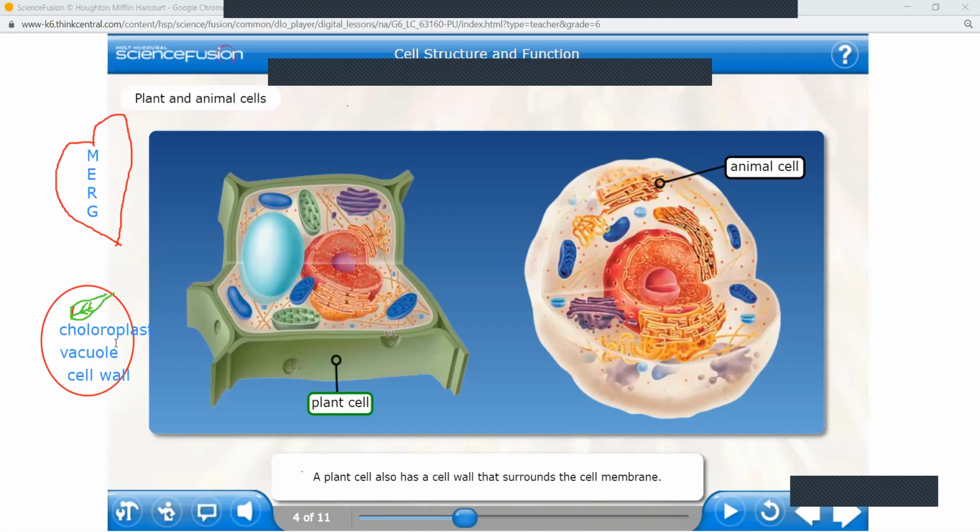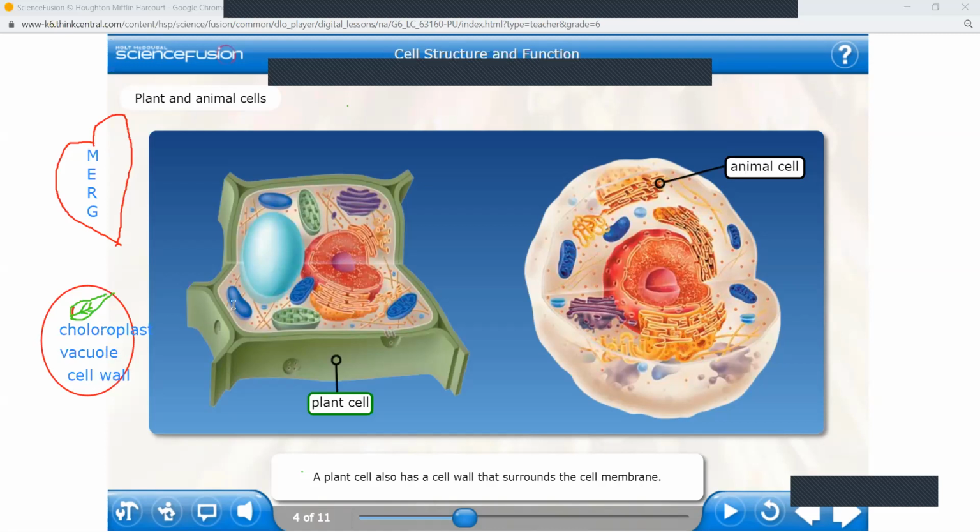So plants have chloroplast, very good, and the vacuole, excellent, and cell wall. So the animal cell does not have these.